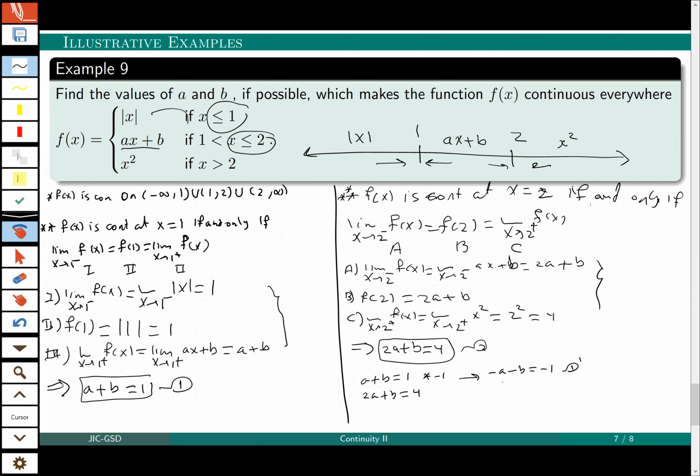And if I add it to 2a plus b equals 4, the b terms will be 0, 2a minus a will be a, and 4 minus 1 will be 3. So a is equal to 3. Now replace a in any equation. I have a plus b is equal to 1, meaning 3 plus b is equal to 1, which means b will be equal to -2. So the value of a is 3 and b is -2.